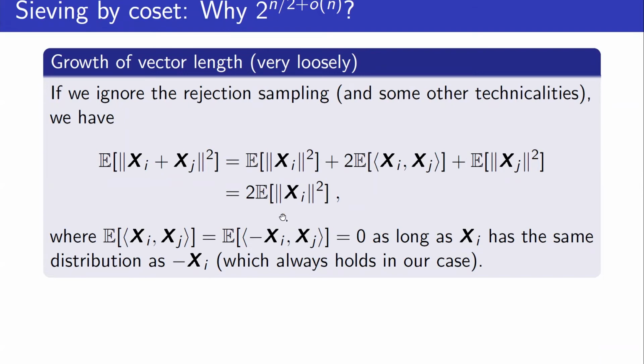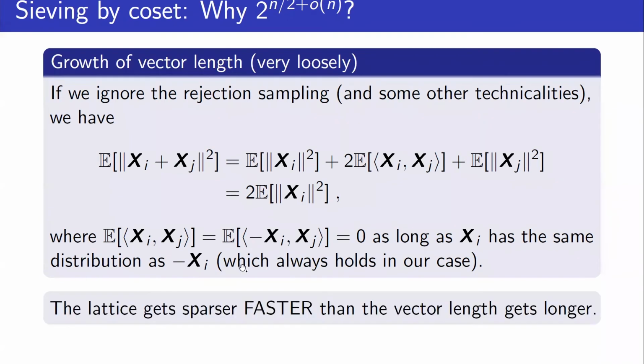So the norm grows, roughly speaking, by a factor of square root 2. So in 2 steps, the squared norm grows by a factor of 2. And at the same time, the lattices are getting sparser. So remember, L2 is a sublattice of L1.